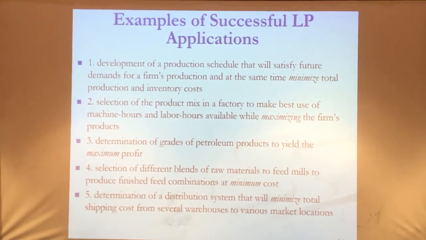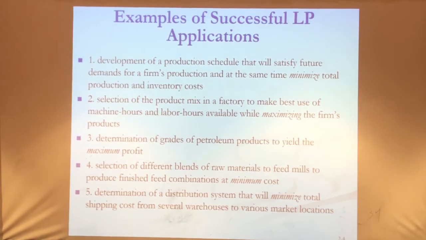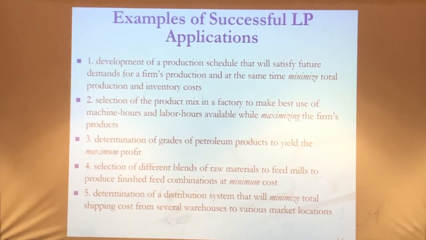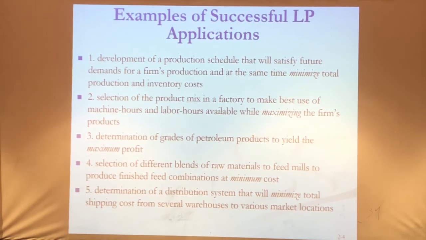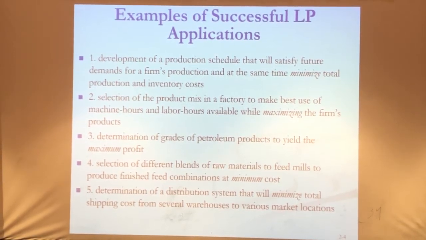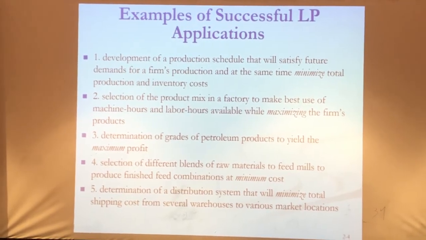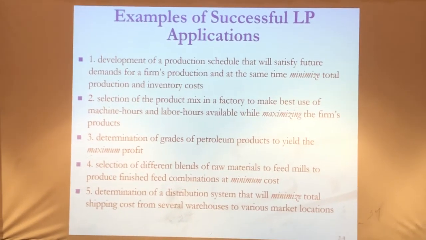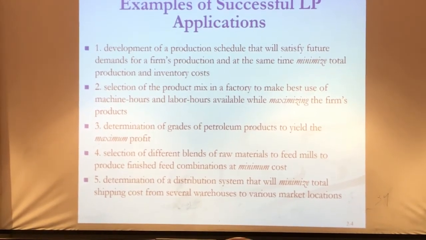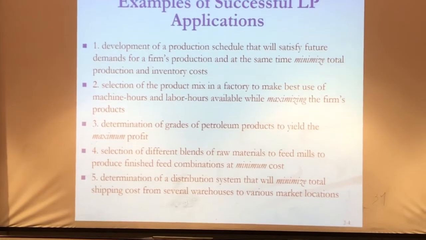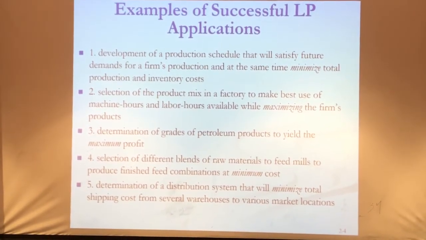In transportation problems, we need to minimize the total distance. There are also assignment problems, where we need to minimize the time taken by machines when we are assigning machines or allocating labor, or maximize the efficiency of people. So these are the different kinds of applications of linear programming.